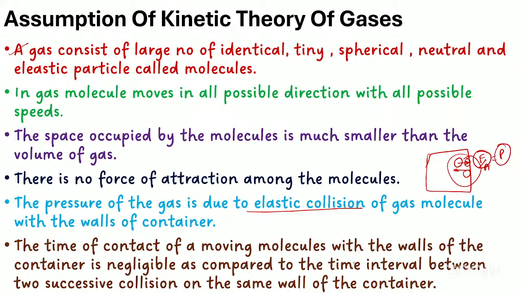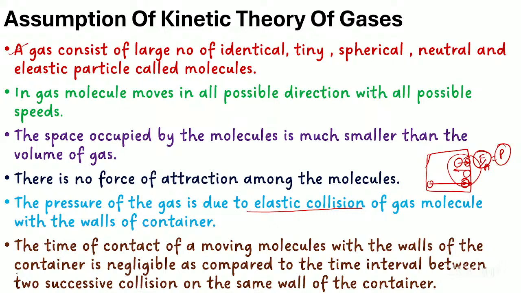Now, the time of contact of a moving molecule with the walls of the container is negligible as compared to the time interval between two successive collisions on the same wall of the container, which means whenever they are colliding, the time spent in the collision is negligible, but the time spent traveling to have the collision is something we cannot ignore.